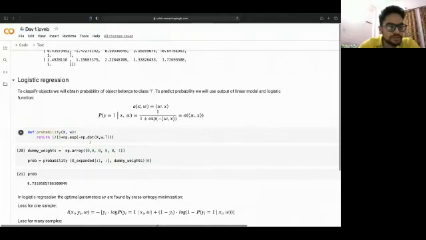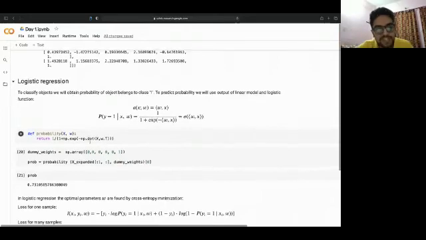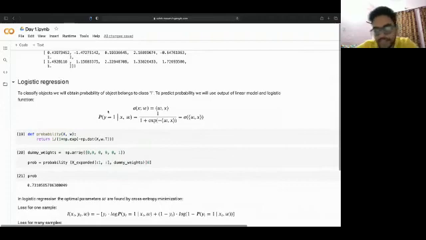Now for those of you who don't know, logistic regression is a simple statistical model that in its basic form uses the logistic function, which is also known as the sigmoid function, which I think Shinjini had explained earlier in her slide, to model a binary dependent variable, although many more complex extensions also exist, like multi-class logistic regression.